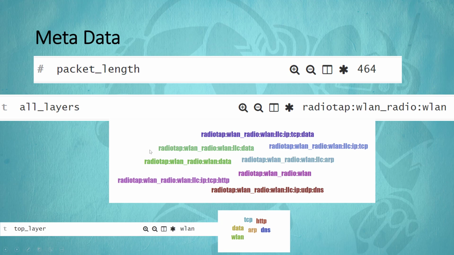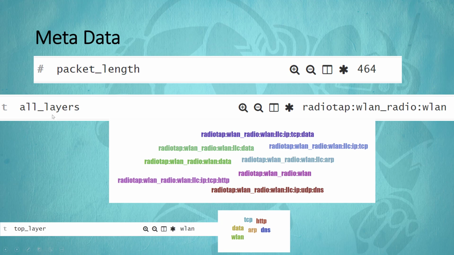Data packets may actually have more. As we can see over here, this classification has Radiotap, WLAN radio, WLAN, but then has LLC IP TCP data, which means this is a TCP data packet. And you can see some variations where we can see ARP here, we can see DNS over UDP, and you can even see HTTP, of course, which is using TCP.